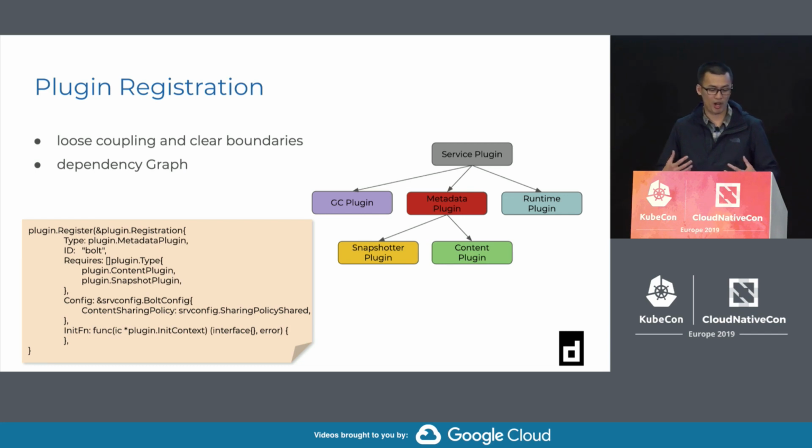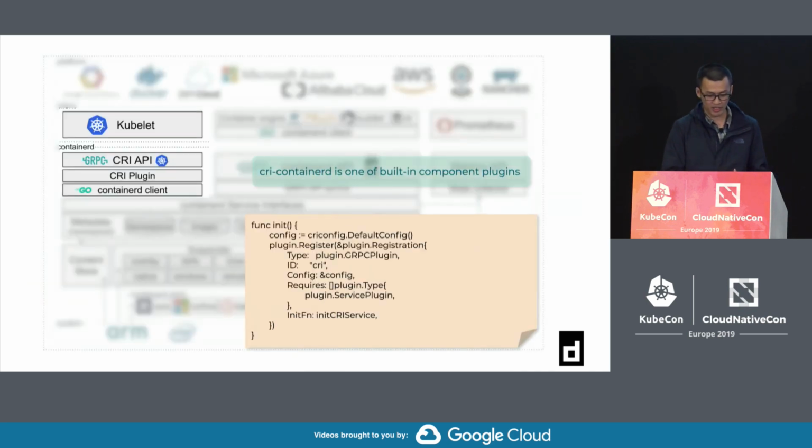With the plugin registry, we can easily add a new implementation for an existing plugin, or a new plugin, into Kubernetes in the code base. We can see CRI in Kubernetes is a project and also a plugin, right? So it is easy for contributors and maintainers to add a new implementation into the code base.